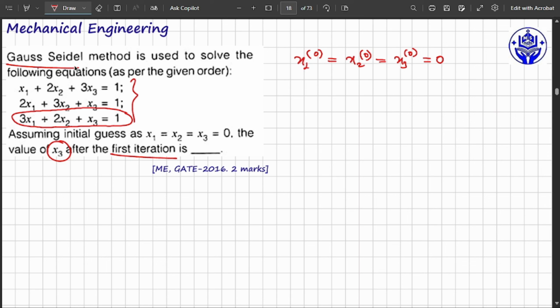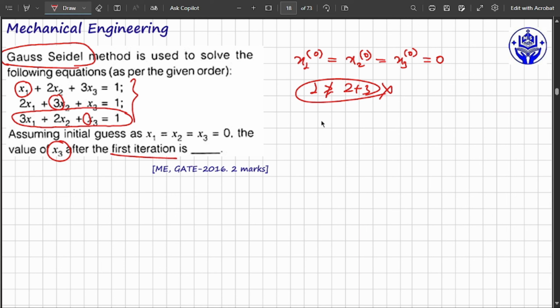It means for all the values in the diagonal, the diagonal element should be greater than the sum of the others. Here 1 is not greater than 2 plus 3. Okay, it is incorrect. So we'll have to make it diagonally dominant.